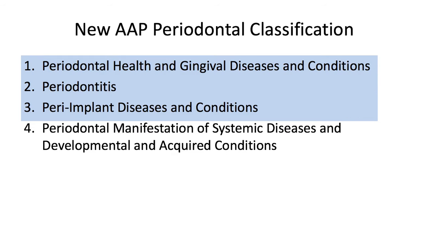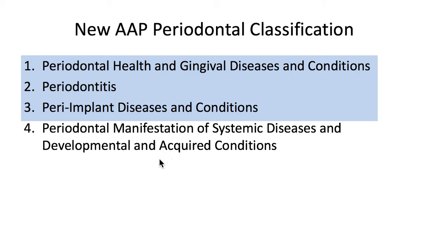So the major changes implemented at this conference is that there are now 4 main categories of disease processes. These are periodontal health and gingival diseases and conditions, periodontitis, peri-implant diseases and conditions, and periodontal manifestation of systemic diseases and developmental and acquired conditions.